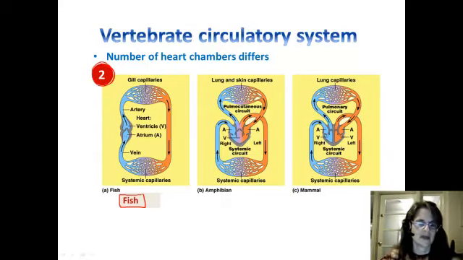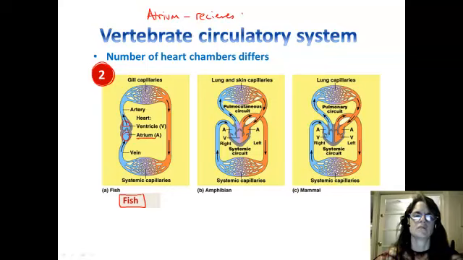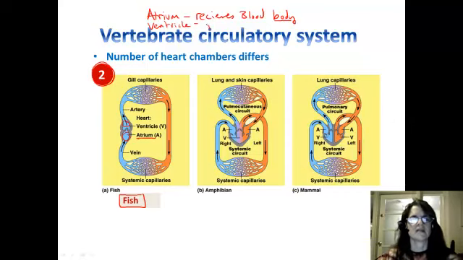What that means is they have one atrium, which you see here, and one ventricle. What does that mean? An atrium is the chamber in the heart that receives blood from something, in this case the body. So it receives blood from the body. The ventricle is normally more muscular because it is the pumping chamber. It is going to pump blood somewhere.